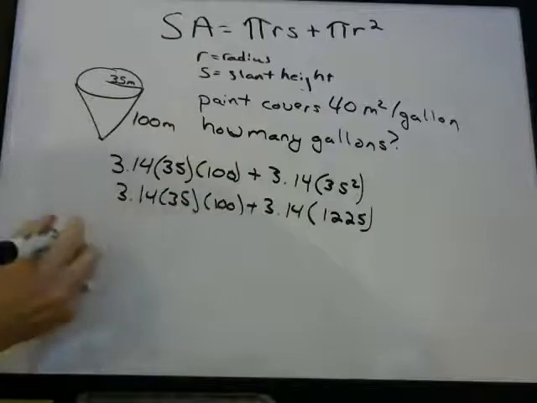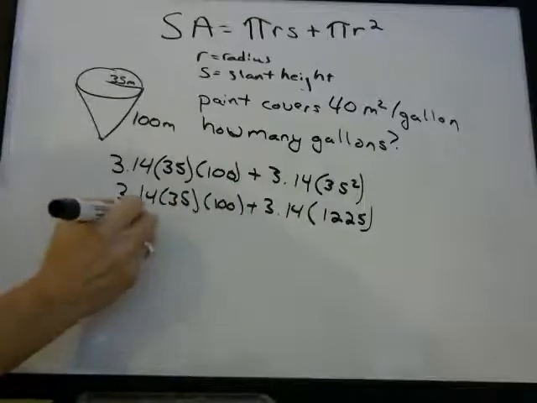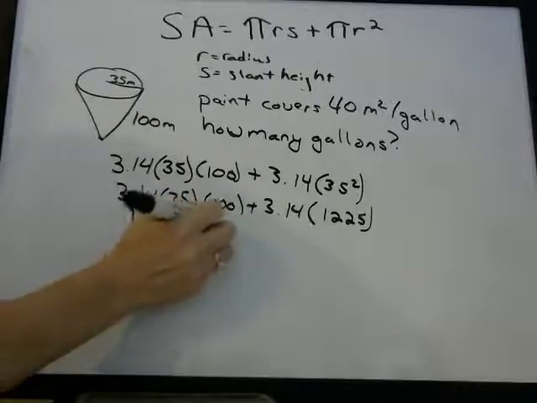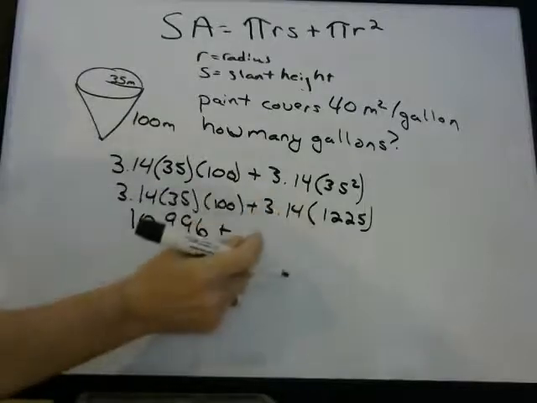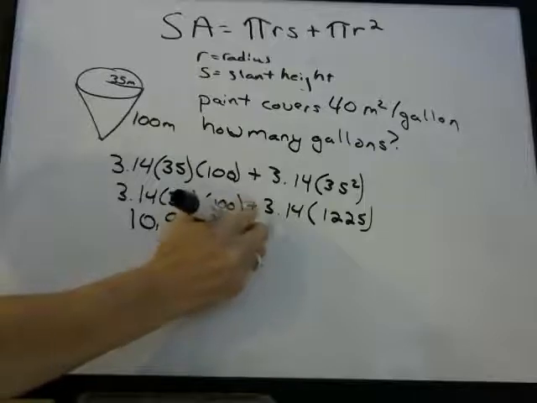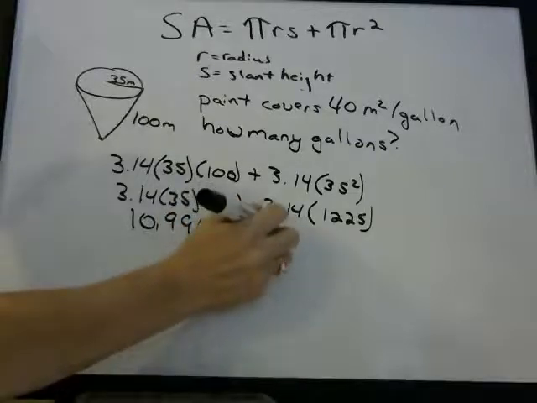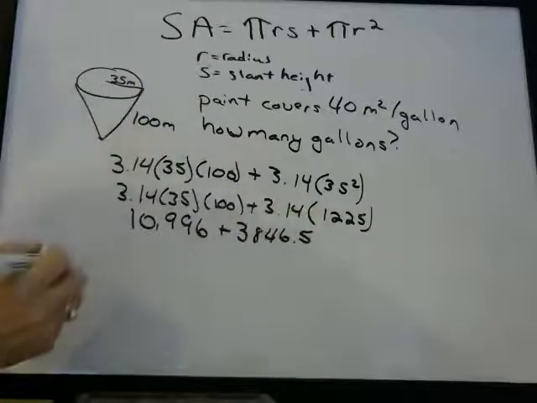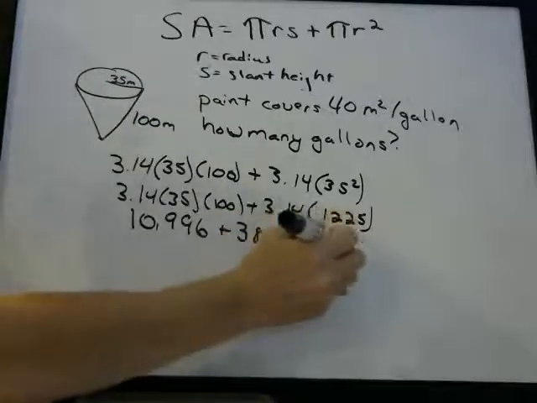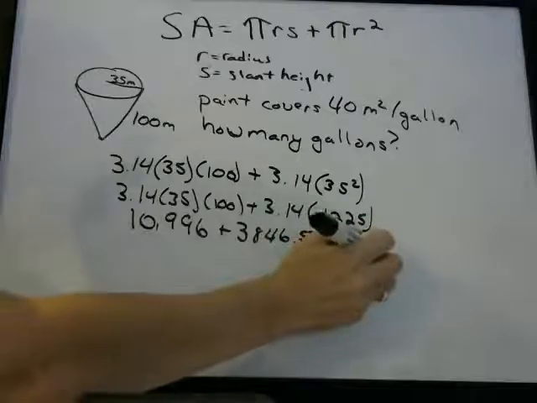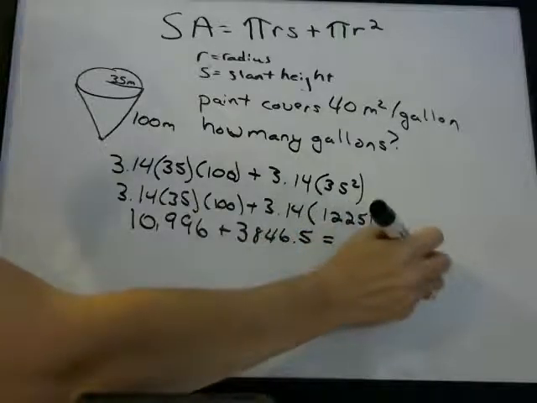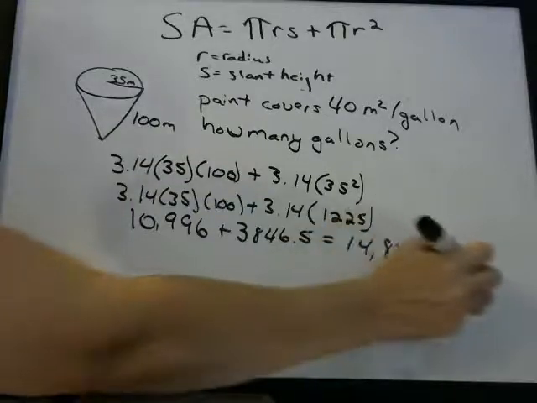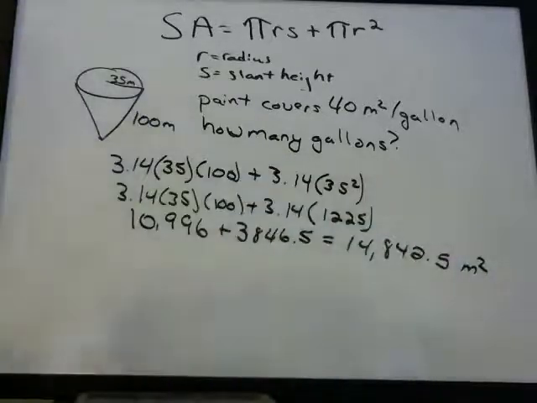So put the multiplication into your calculator. 3.14 times 100 times 35 is 10,996, plus 3.14 times 1225 is 3846.5. Do the addition. You get 14,842.5 meters squared. That's the surface area.